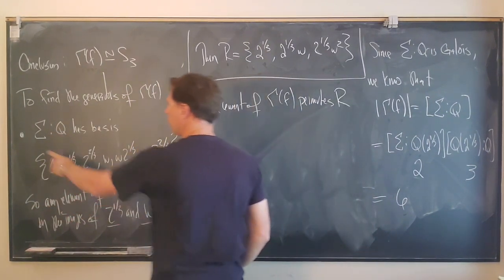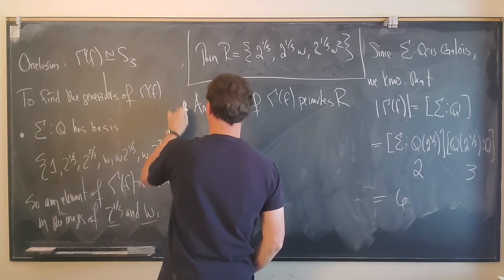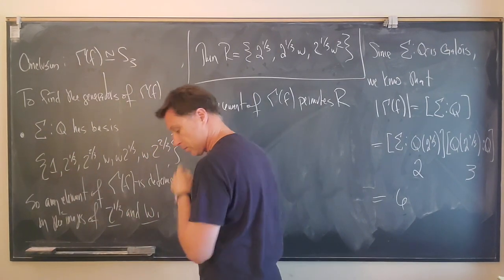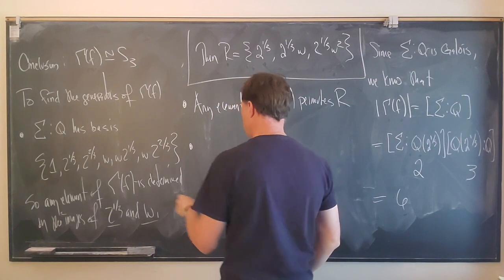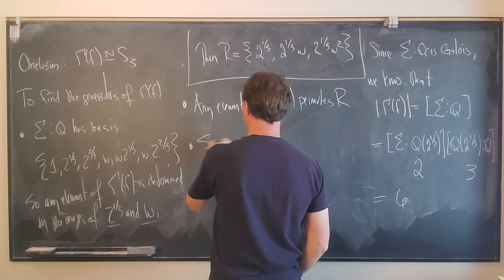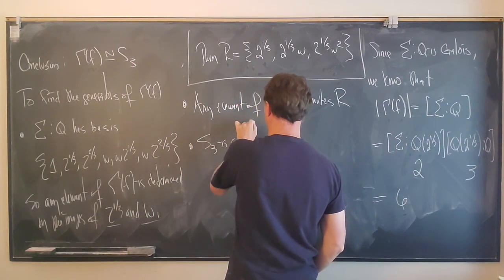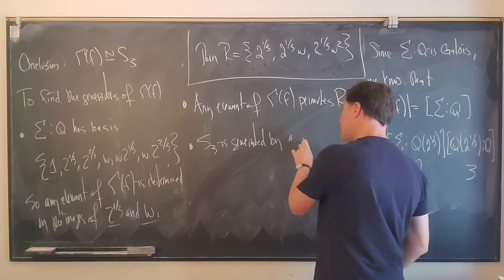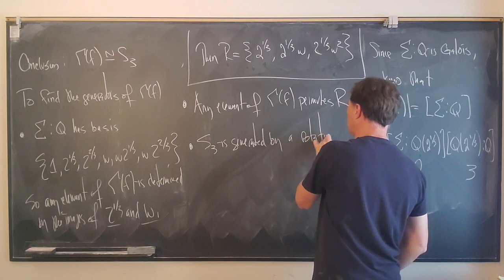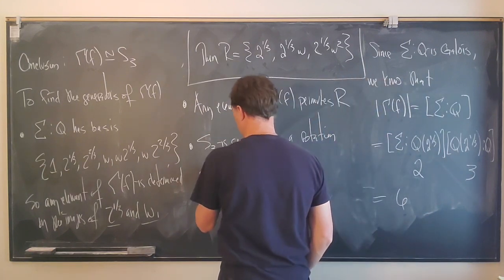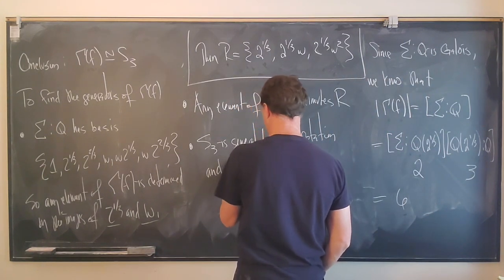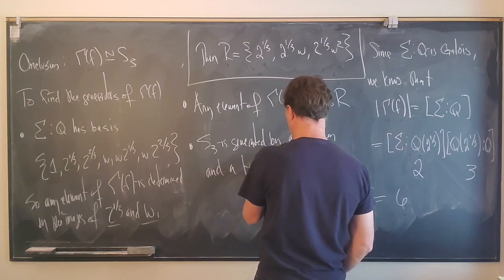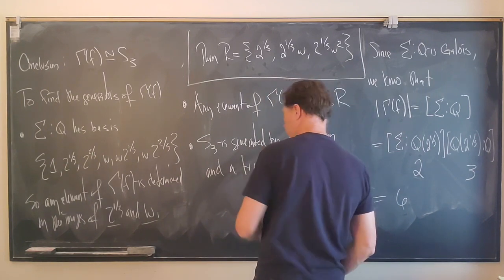That was bullet point 1, that's bullet point 2, and then bullet point 3: think about S3. S3 is generated by a rotation and a transposition.